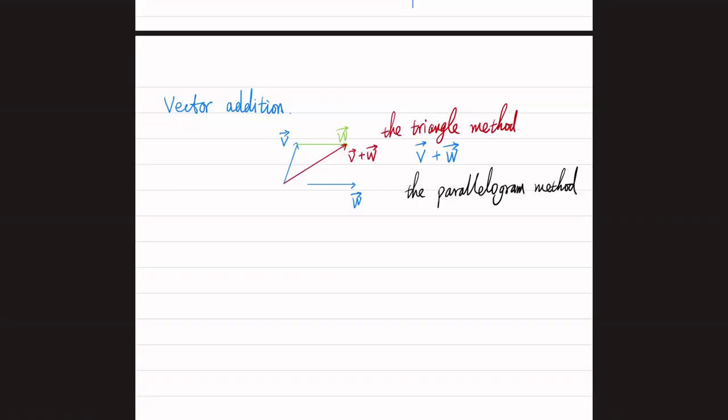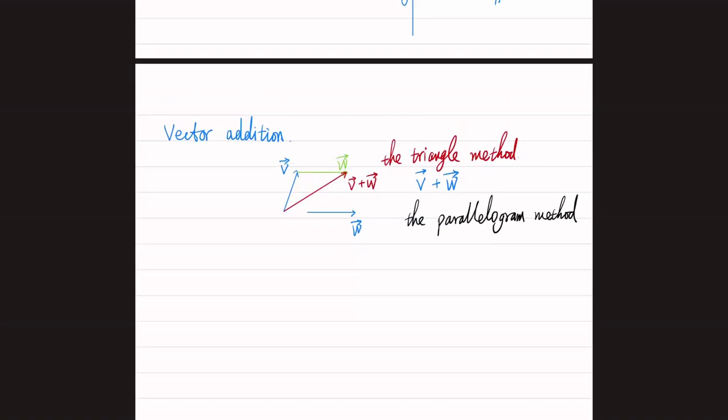This time, for easy drawing, I'm going to move this vector over to here. I'm going to draw a copy of V. If we put the V over here, that's the triangle method. If we put the V at the same starting point, this will be the parallelogram method. Okay, I make a copy of V. Then I draw the parallelogram.